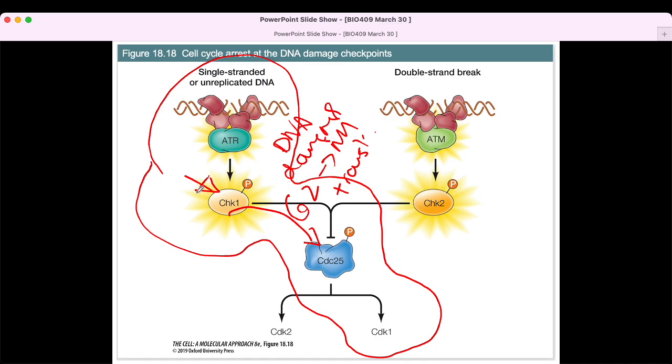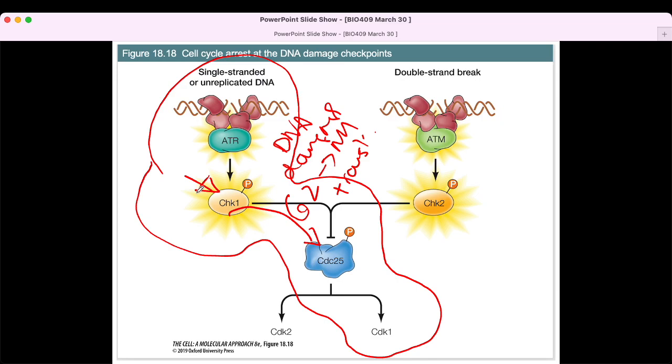Yeah, that's a good question, and just to point out, in these kinds of figures, there'll be an arrowhead, and the arrowhead means an activation pathway. So the arrowhead here is CDC25 will activate CDK1 by removing the inhibitory phosphates. Then up here, this block means inhibit. So in this case, Chk1 will inhibit CDC25 by adding a phosphate.